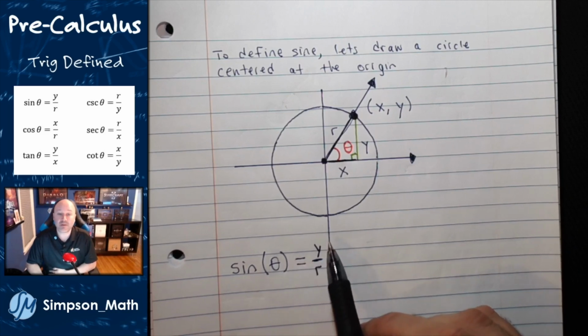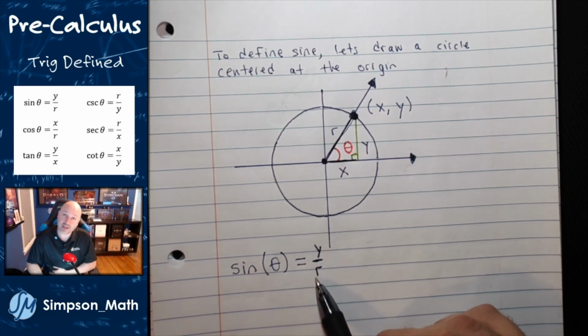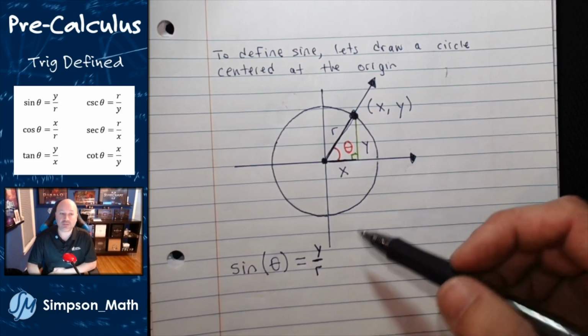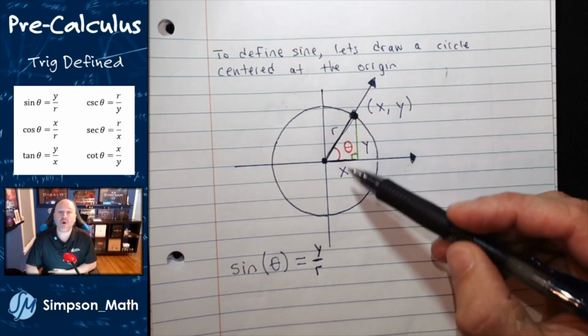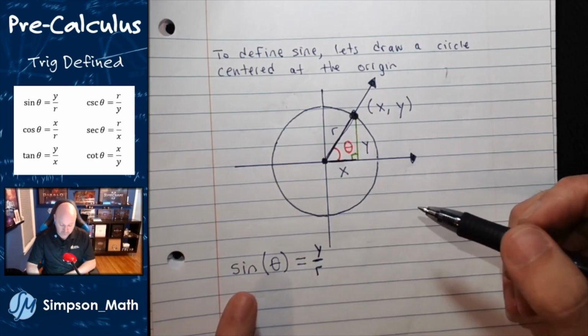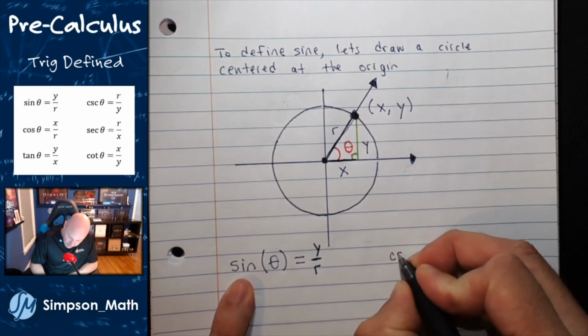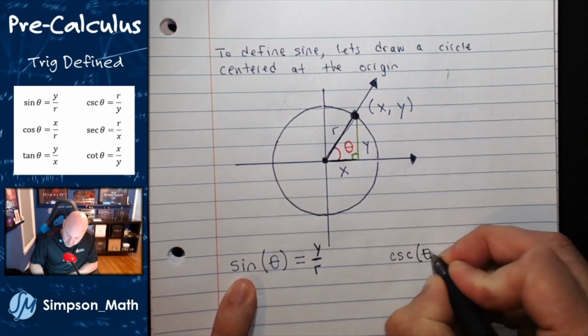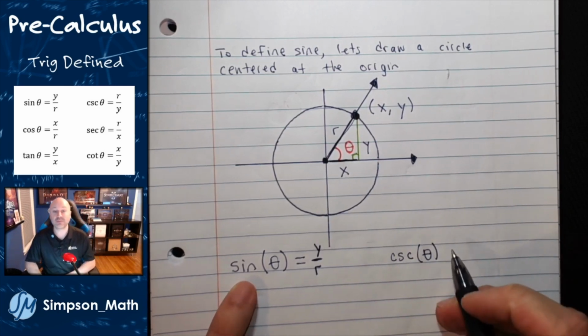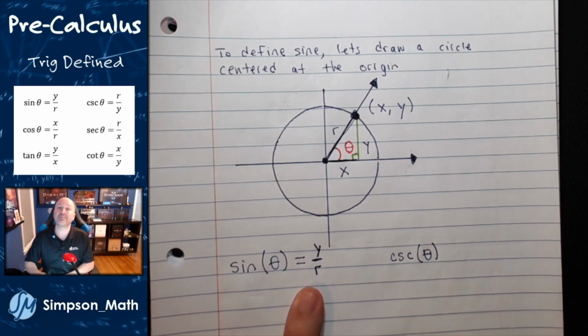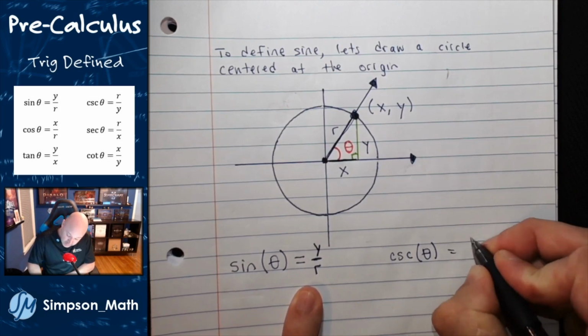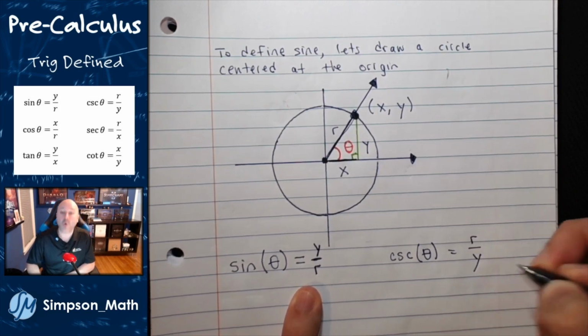It's going to spit out some ratio of side lengths of that triangle. And the ratio is going to be the y value over the radius. We said earlier, sine has a reciprocal function called cosecant. Cosecant of theta uses those same variables, but it's the reciprocal. It's equal to the radius over the y value.